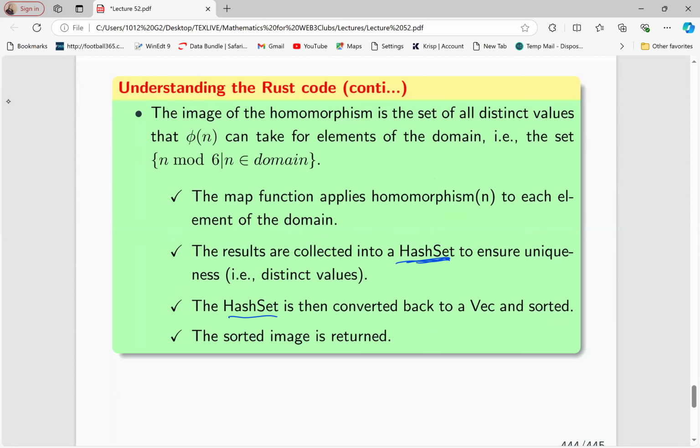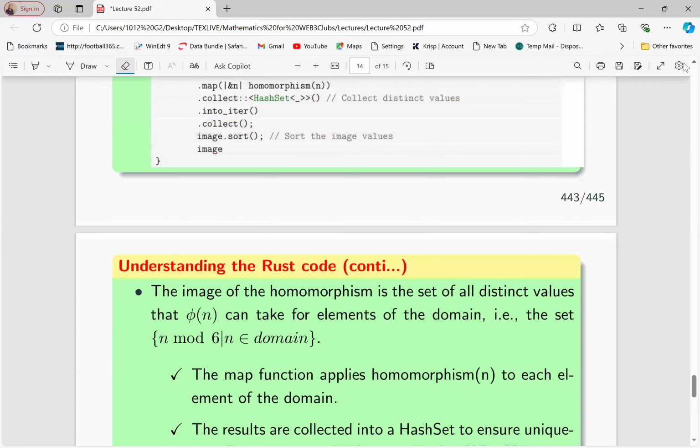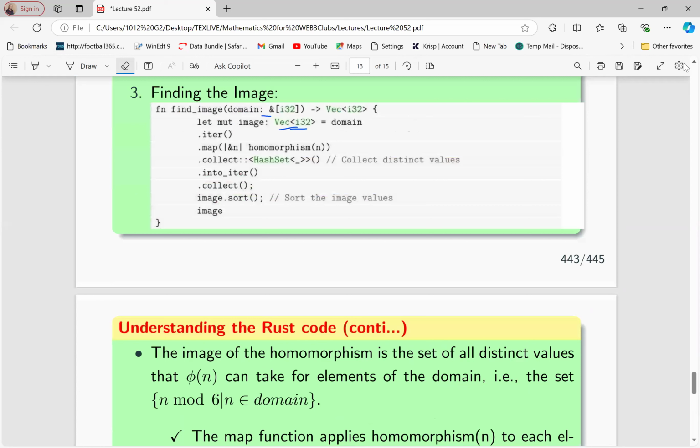In other words, to ensure no repetition, no duplicates, to avoid having elements occurring more than once. Then again, the image is sorted, so that elements are arranged properly.